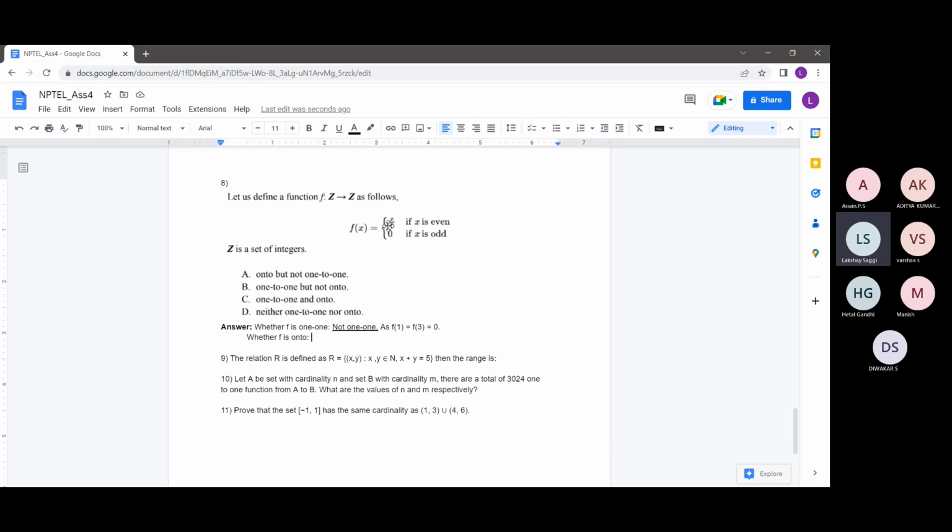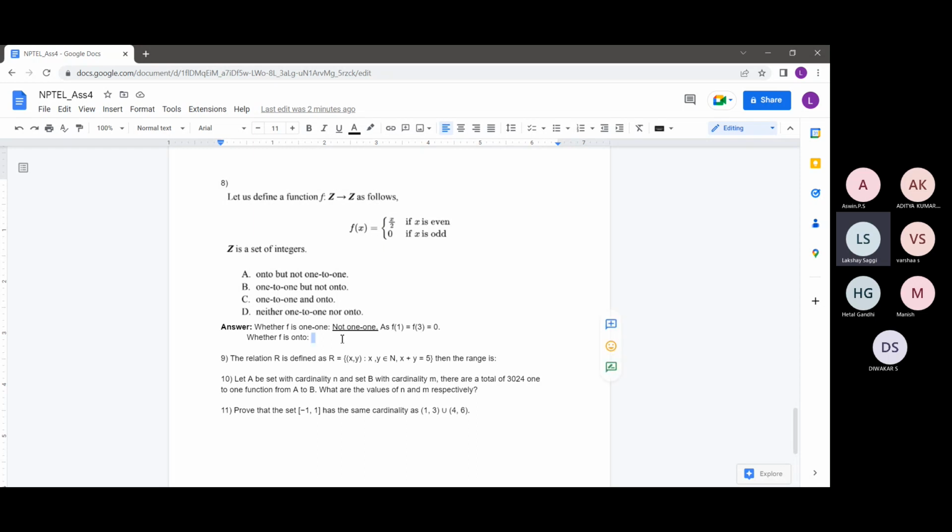Intuitively, I see it is onto because 0 is covered using these odd values, and for covering every other number, we can just take x as twice that number.